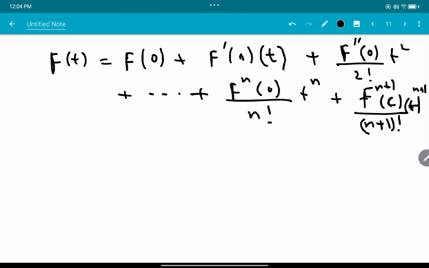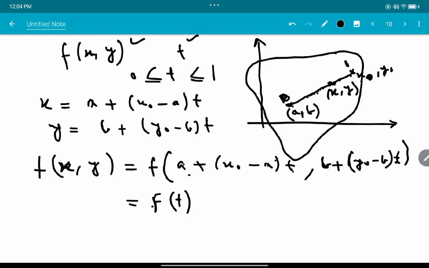Now see, in the previous single variable case, we had x, and c was a point between them. c had one coordinate, but now c will be a point between a and b. That means c will be a point somewhere here, and this c will have two coordinates.